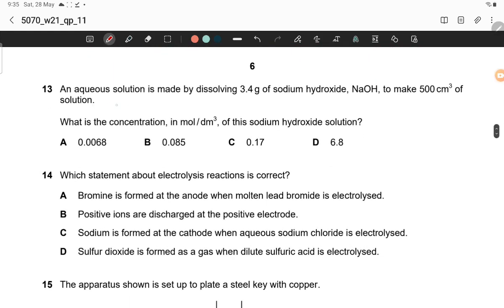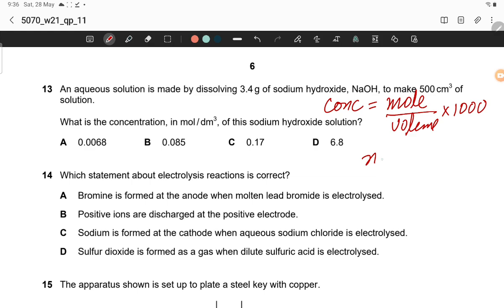Question number 13. An aqueous solution is made by dissolving 3.4 gram of sodium hydroxide to make 500 centimeter cube of solution. What is the concentration in mole per dm cube of this sodium hydroxide solution? So concentration is equal to mole over volume into 1000.